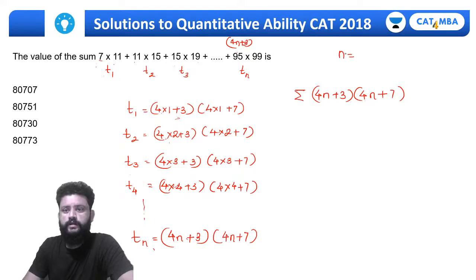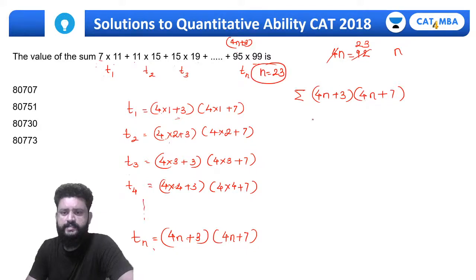Let's look for it. 4n must be 95 minus 3, that is 92. Calculate this. So the number of terms is 23. N is 23.